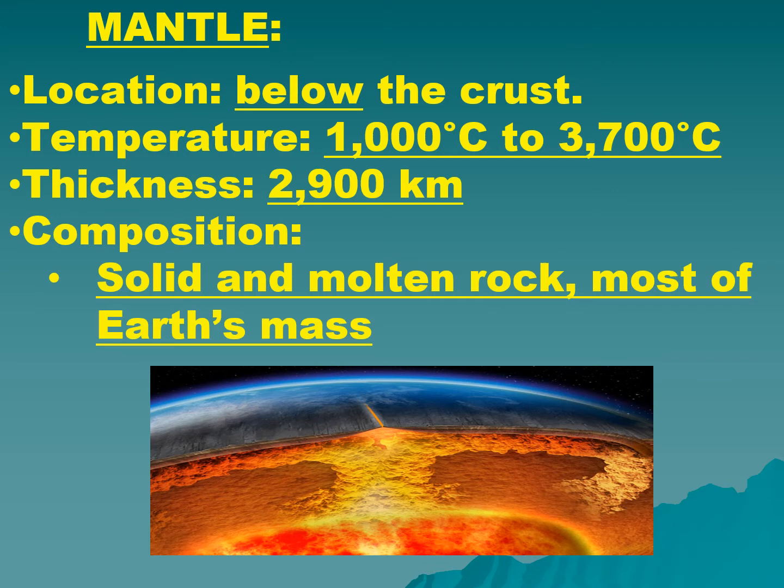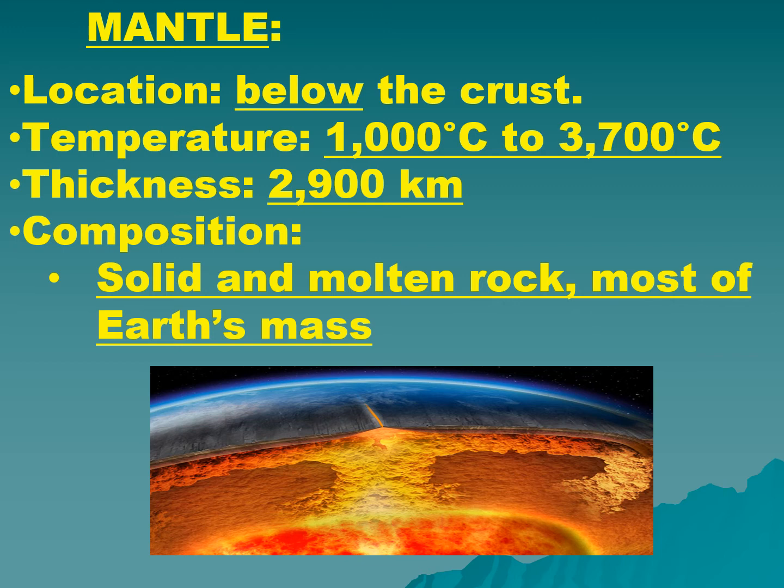As we travel down through the Earth, the next compositional layer we meet is the mantle. It is below the crust, but above the core. Its temperature ranges from 1,000 degrees Celsius to about 3,700 degrees Celsius. Much hotter than the crust, but not as hot as the core.